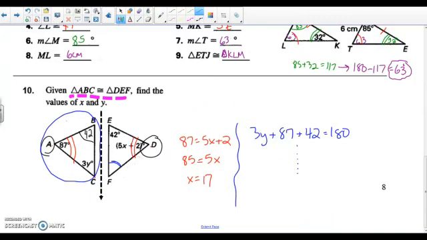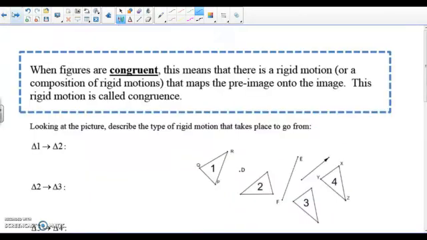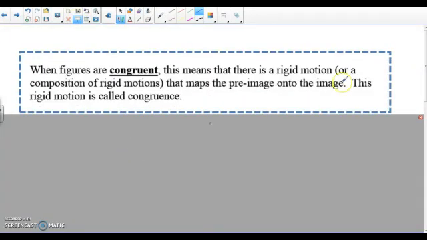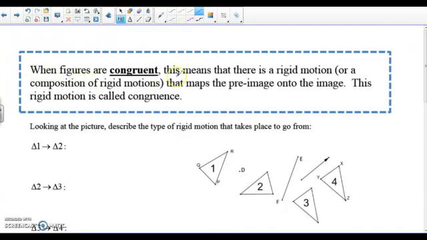Okay? So triangle correspondence. Flipping to the next page. As I've already mentioned, when figures are congruent, this means that there's a rigid motion or series of rigid motions that maps the pre-image onto the image. So as long as we can find a set of those rigid motions, the triangles are said to be congruent.